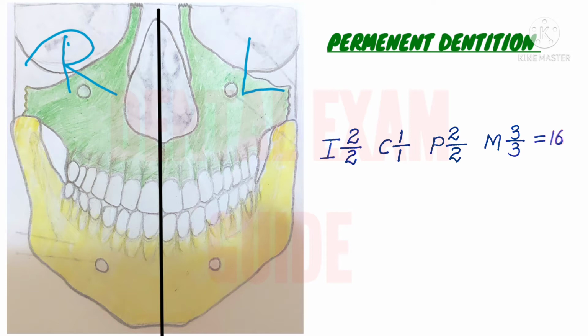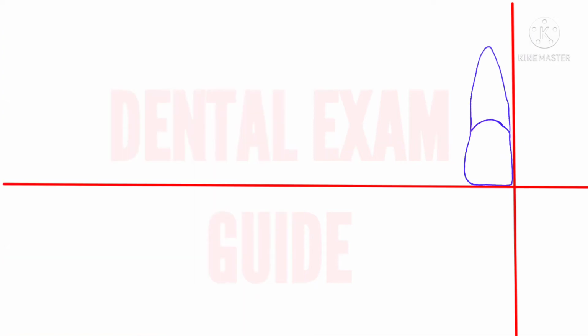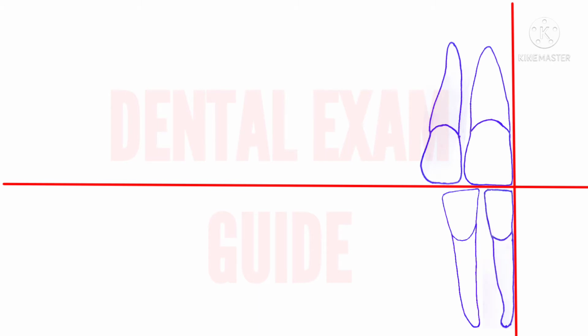It should be read as incisors 2 maxillary and 2 mandibular, canine 1 maxillary and 1 mandibular, premolars 2 maxillary and 2 mandibular, molars 3 maxillary and 3 mandibular, 16 altogether on one side, right or left. So we can see here there are 2 incisors in the upper arch, central and lateral, and 2 incisors in the lower arch, central and lateral.